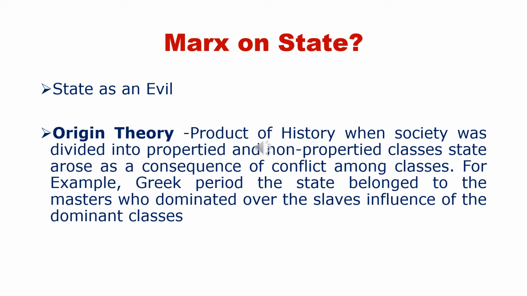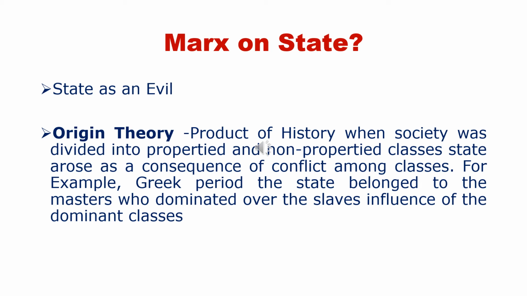Means the owners of the means of production rule the government's decision-making process, and indirectly they benefit, protect and promote their interests. In this regard, Marx talked about his theory of the state as a necessary evil.